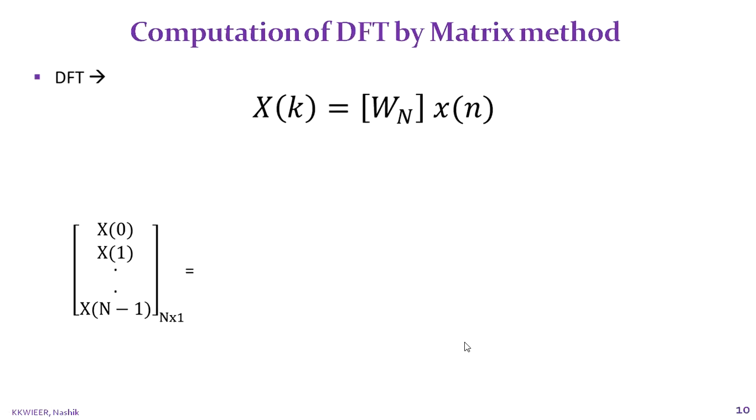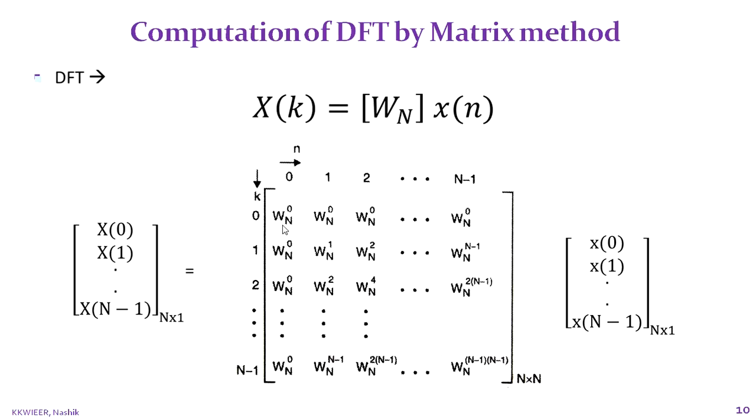Now let us see the computation of DFT by the matrix method. That can be given as X of k is equal to WN, that is the matrix of the twiddle factor, into x of n. This X of k can be represented as X of 0 to X of N minus 1, which will be an N by 1 matrix. This WN can be represented with n running from 0 to N minus 1, k running from 0 to N minus 1.